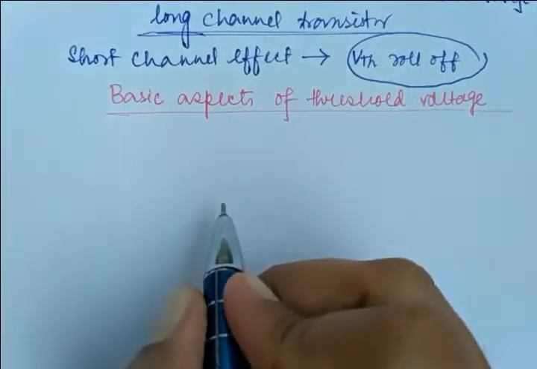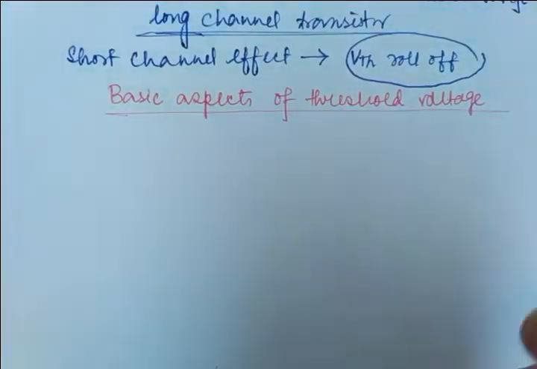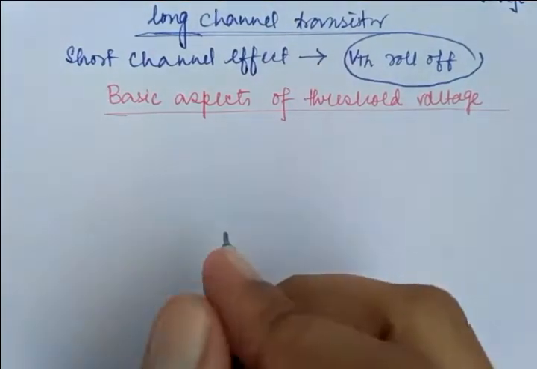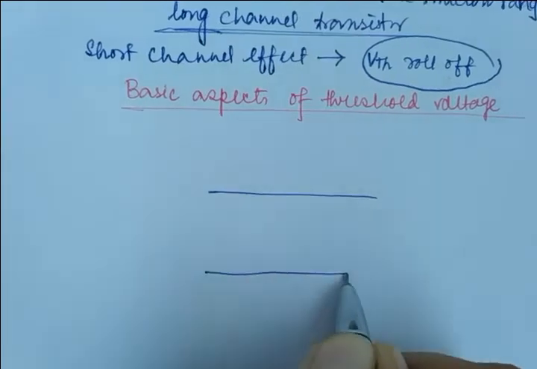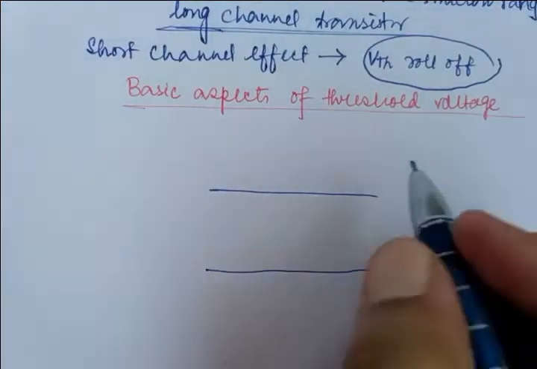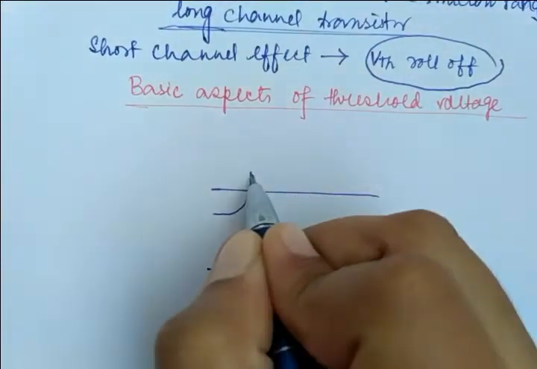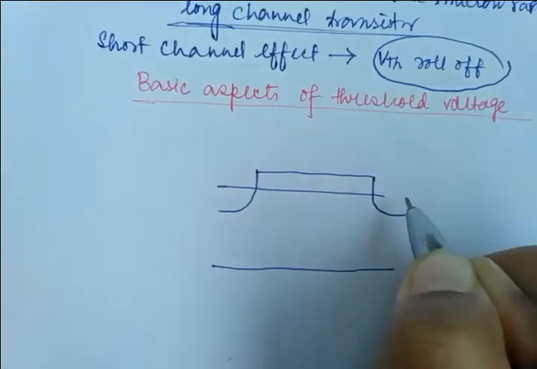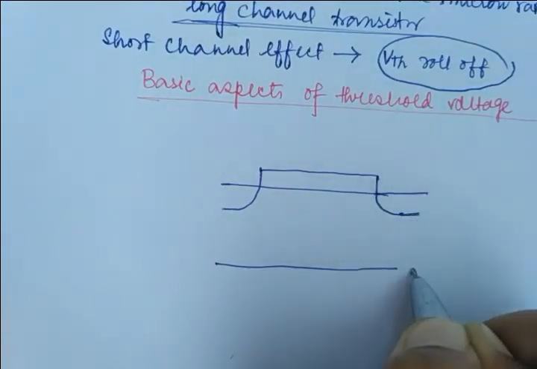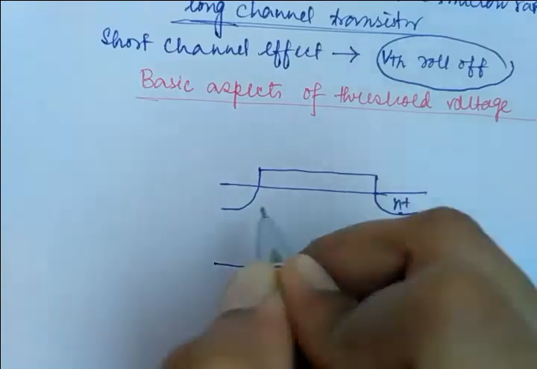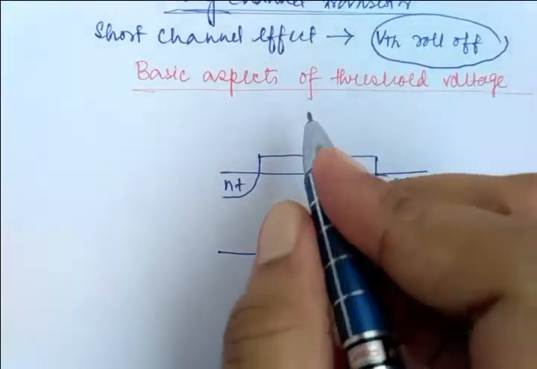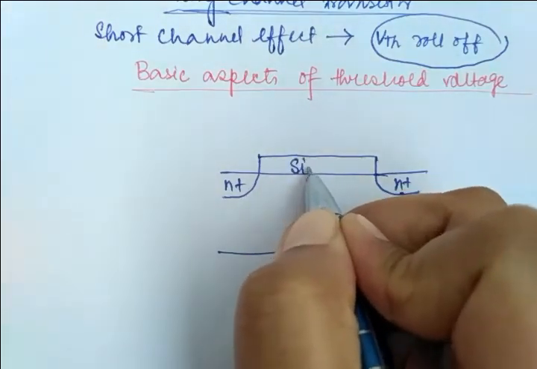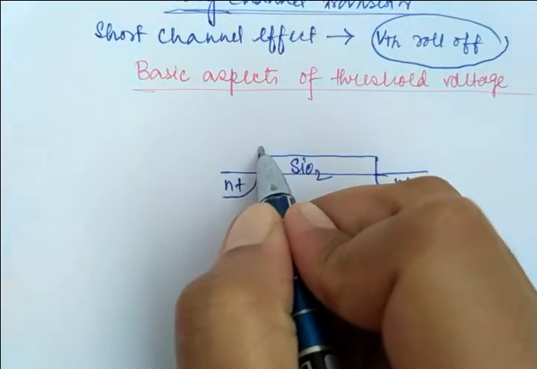If we take the p-type substrate, we can define it this way. This is the p-type substrate, this is your N plus, and this is your oxide layer, SiO2.